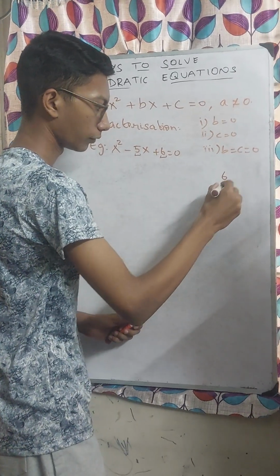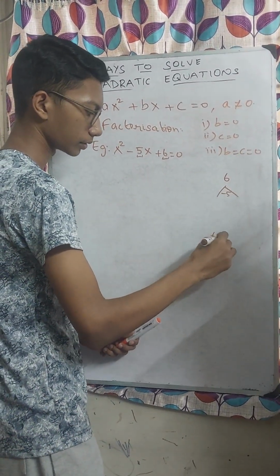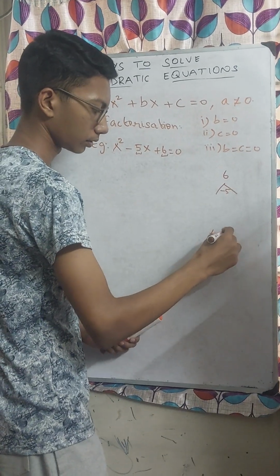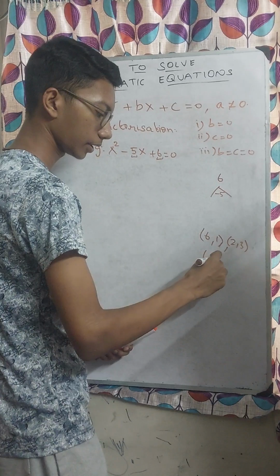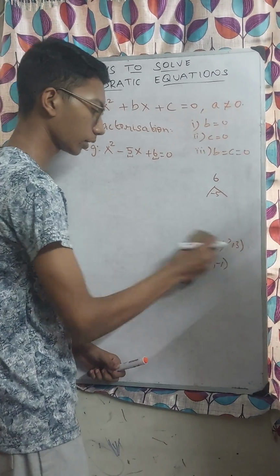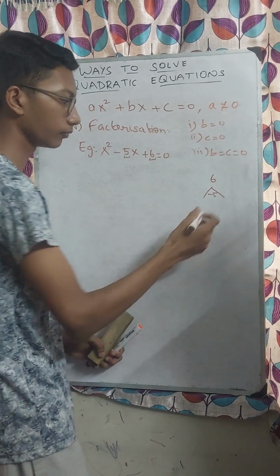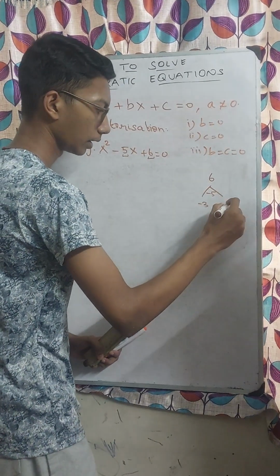So if we multiply two numbers, we need to get 6. There are many ways. 6, 1, this is one set, 2, 3, this is another set, negative 6, negative 1, these are all kinds of sets. But what we are looking for is, if we add them, we should get minus 5. So the answer for this should be minus 3 and minus 2.